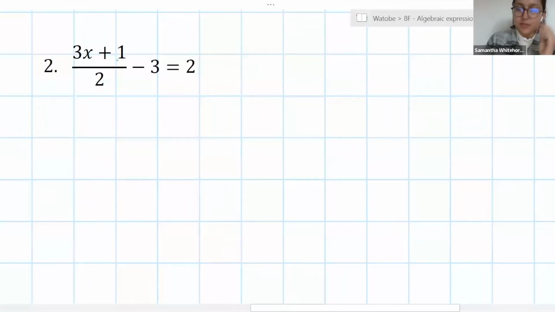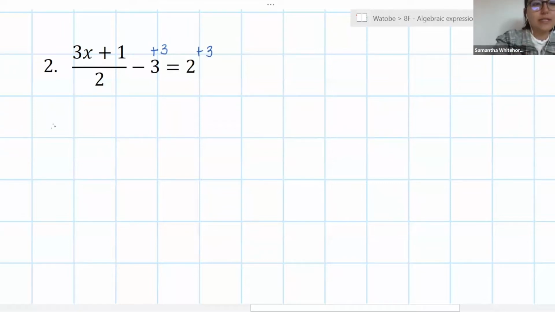Even though I've got this fraction here, what I'm going to start with is taking that -3 over. If I can bring it to the other side, I can then just deal with the fraction. Now, if I'm going to do that, I have to do the opposite of what it originally was. So I have to add 3 on both sides.